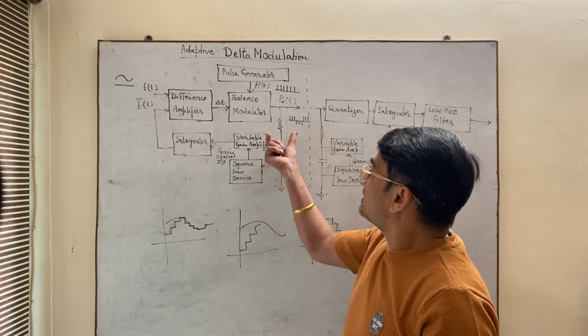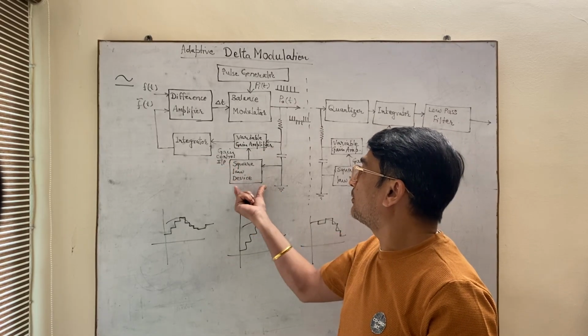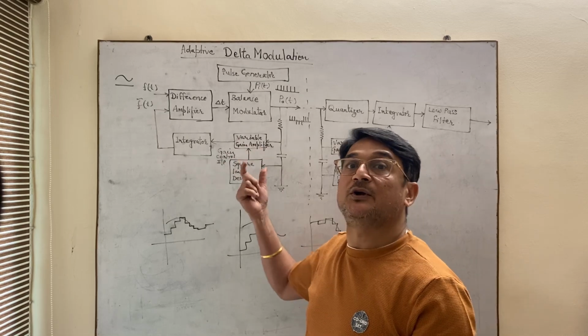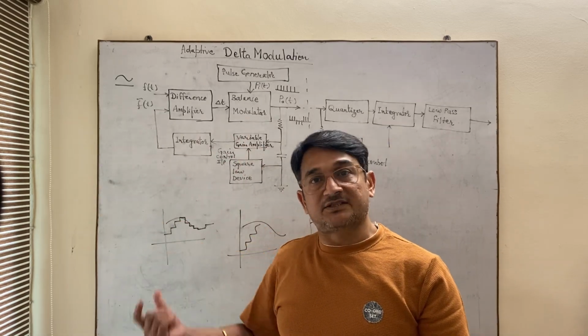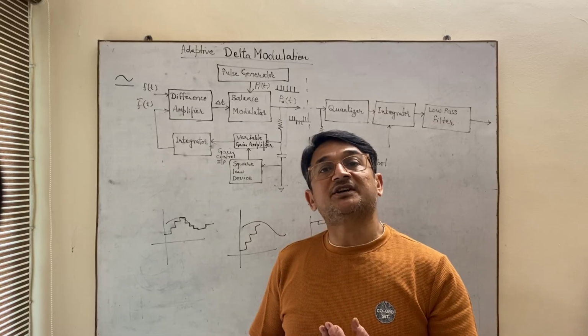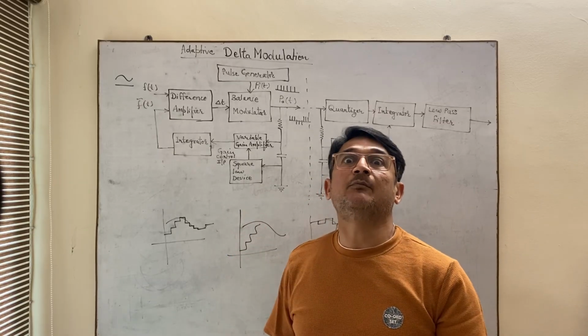Due to this additional circuitry, that is the variable gain amplifier, gain control input and square law device, this part will be responsible to increase or decrease the step of the pulses. So this is how adaptive delta modulation works, and this is what is known as the modification of delta modulation.